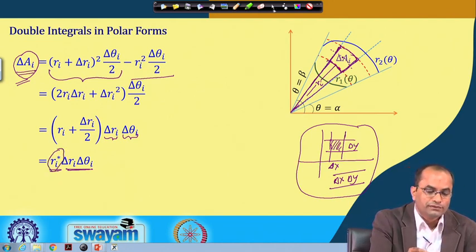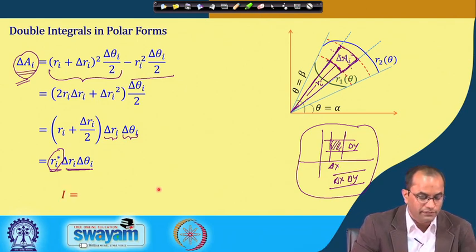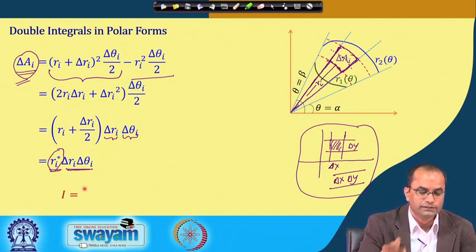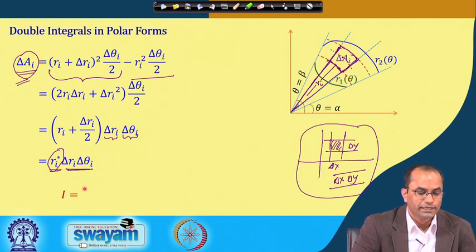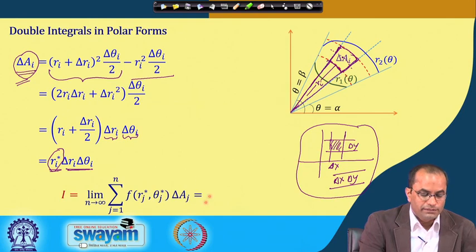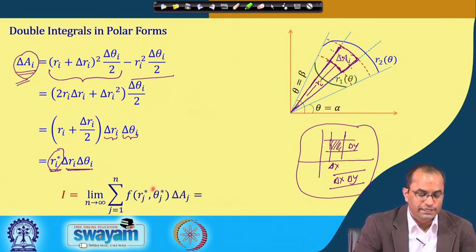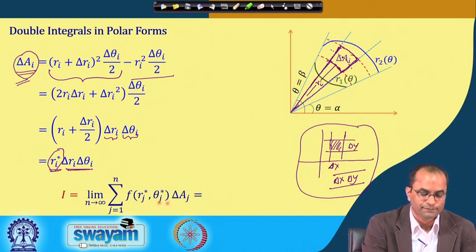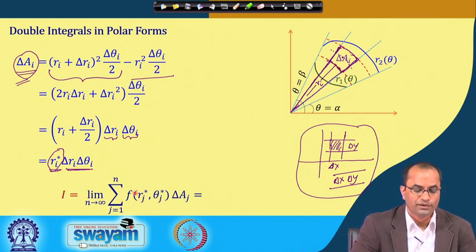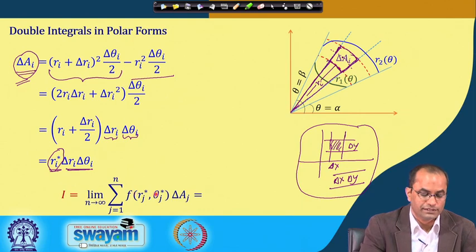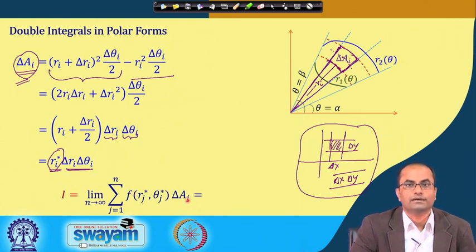And now, because of this we will define the integral I over this domain here, which is described in the polar form by these limits. So, we will do the same. If a function is given, we will compute that function value at a point (r_i, theta_j), somewhere in between this region, multiplied by this delta A_j, similar to the Cartesian one.